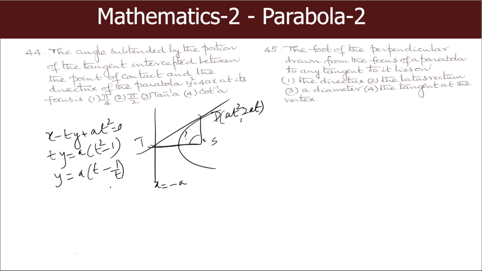So therefore T is minus a, a into t square minus 1 by t. S is a, 0. So what is this angle? Let us find the slopes. Slope of SP is 2 by t.